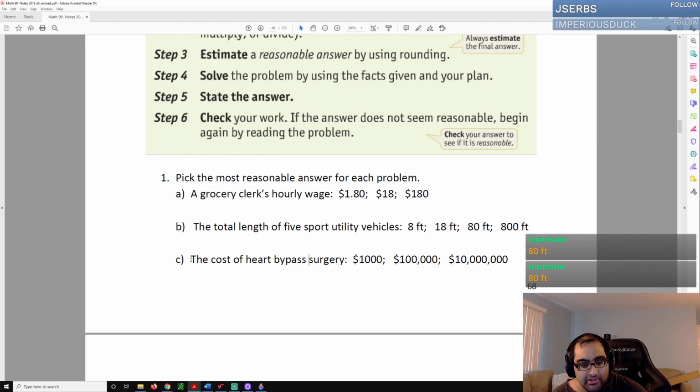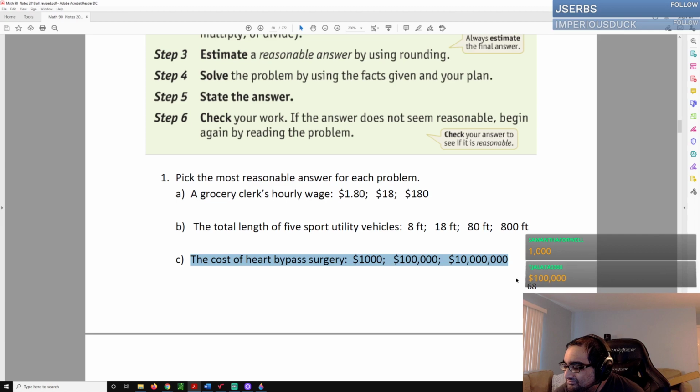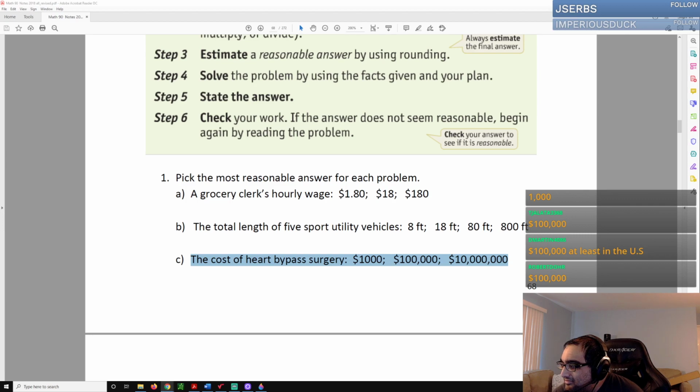How about this last one here? The cost of heart bypass surgery would be $1,000, $100,000, or $10 million. Okay, $100,000.